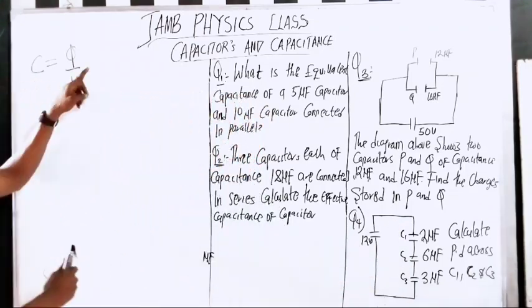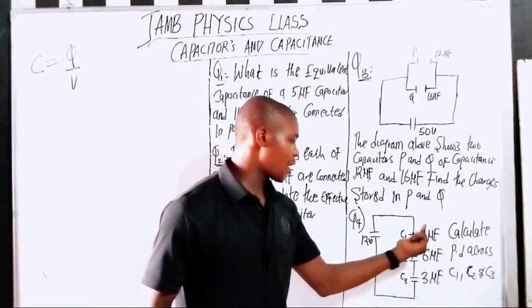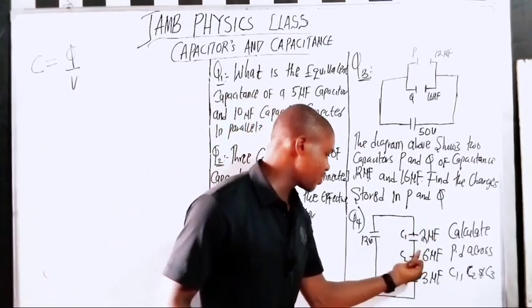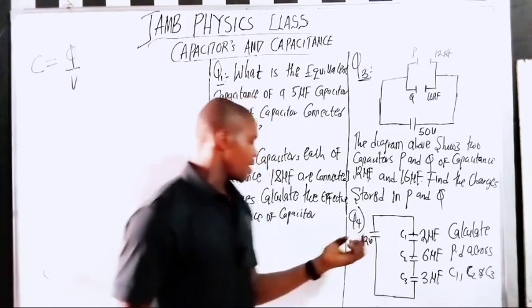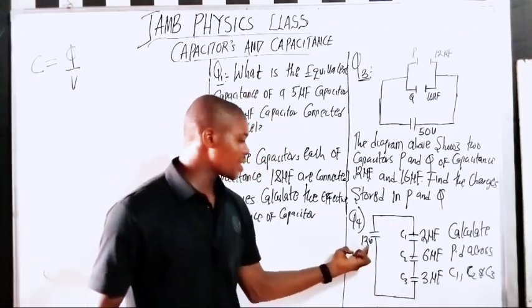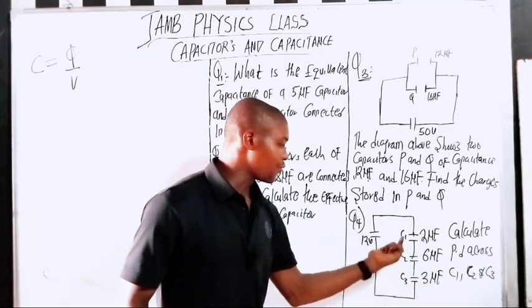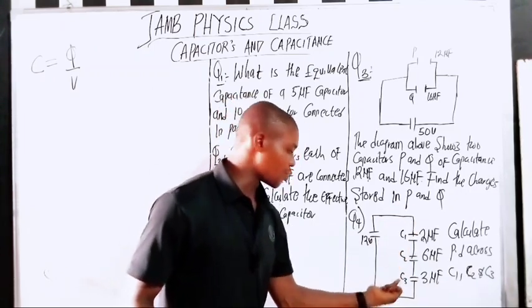If I can get my total charge, I can easily get my volts across C1, C2, and C3. Here is my total voltage, but it's not the same voltage across all of them. So I have to calculate the voltage here, the one here, and the one here.